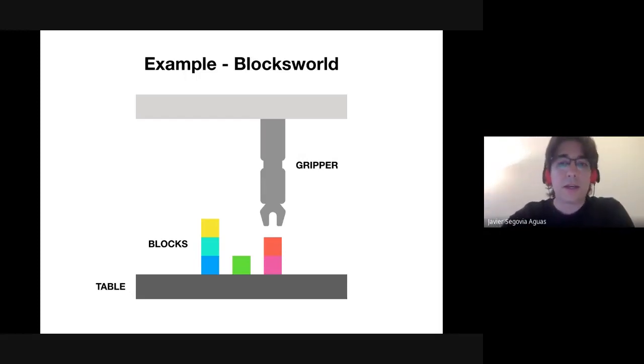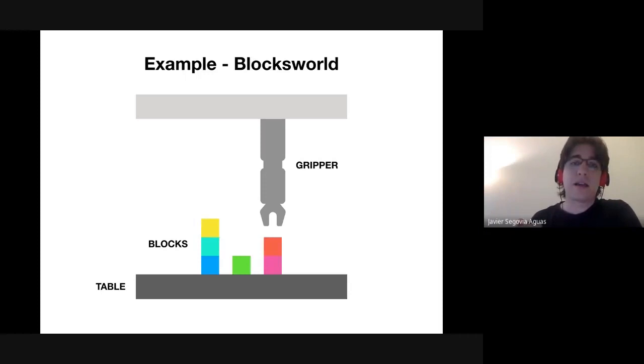In this we can apply many different actions, and it's a very realistic problem that we may find in many different industries, of picking and placing objects in some part of the industry and moving them to the other side.